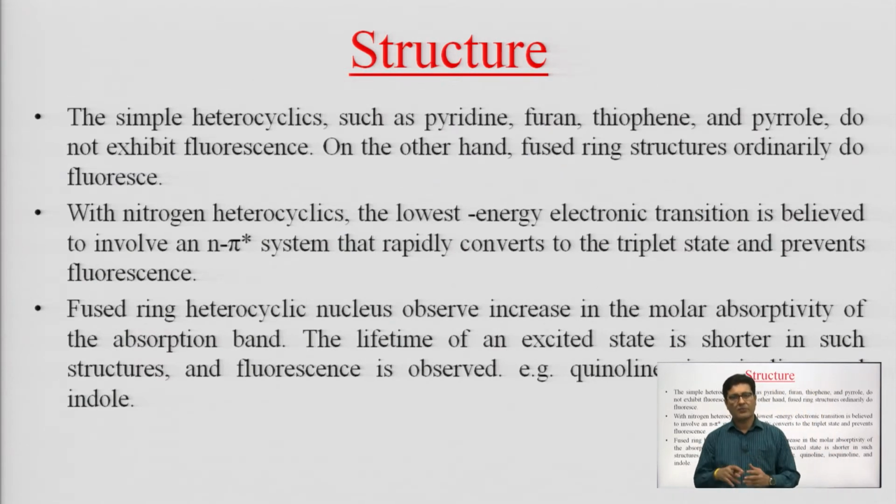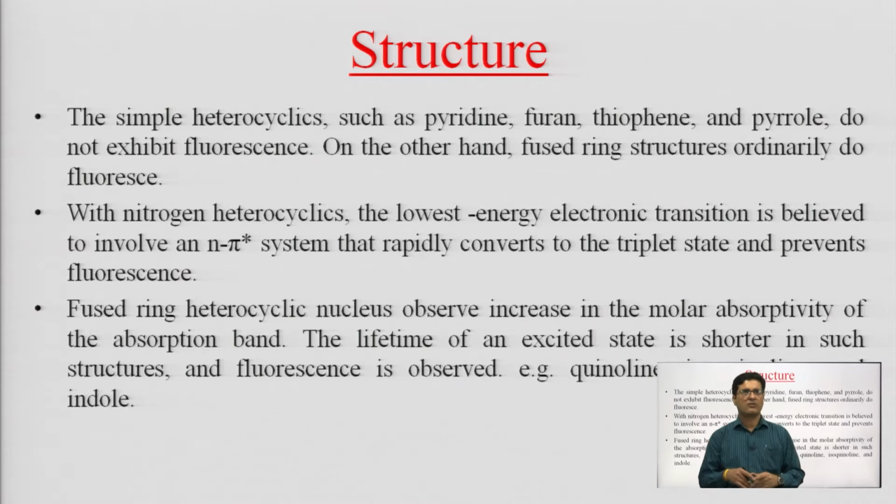Simple heterocyclic compounds like pyridine, furan, thiophene and pyrrole generally do not exhibit fluorescence, because in such molecules the main transition observed is the n to pi star transition, and we have discussed earlier that n to pi star transitions mainly promote internal conversions or intersystem crossings.